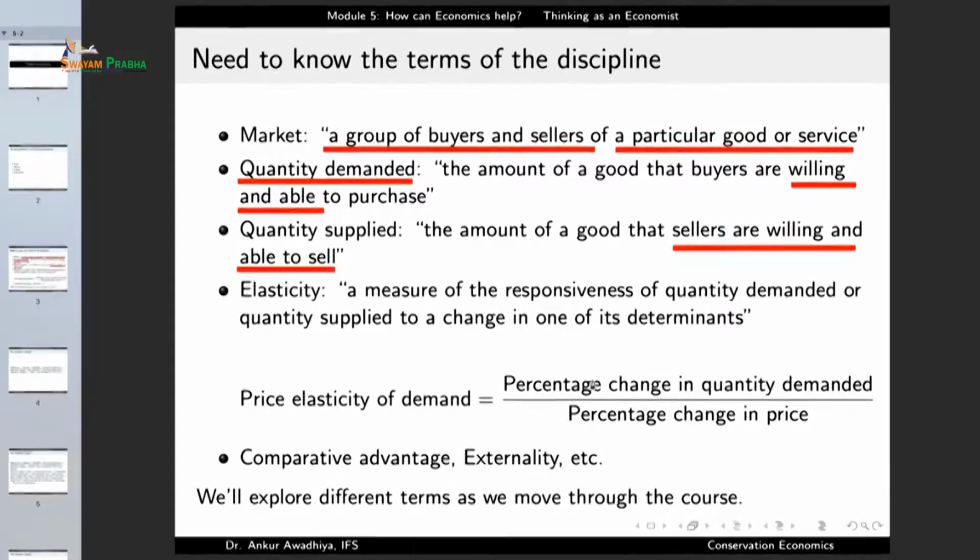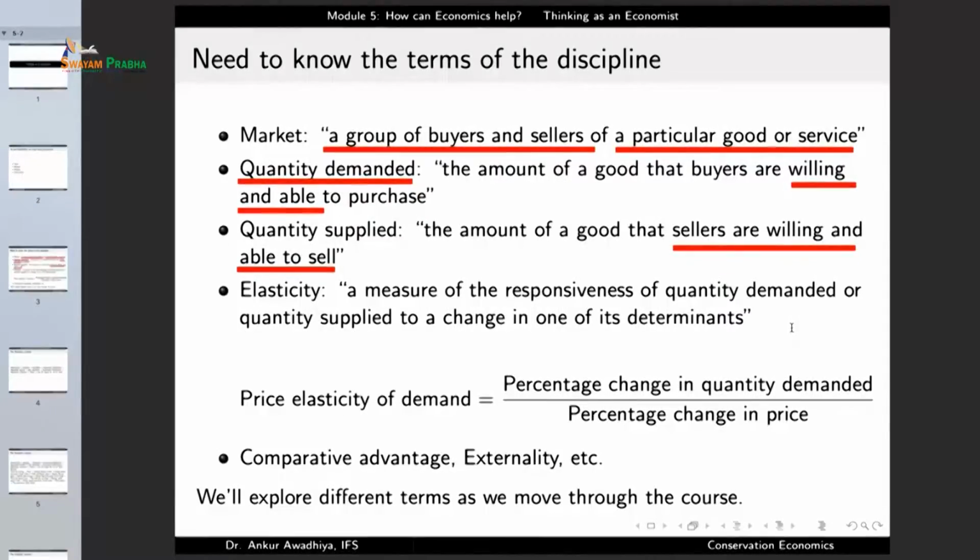Okay. Here again, there could be certain sellers that are willing to sell a good such as tiger skin, but they are unable to sell it because they do not have access to the resources. Or there could be certain sellers who have the ability to hunt a tiger, but they are not willing. And in a number of cases, we find that there are people who live around a tiger reserve.